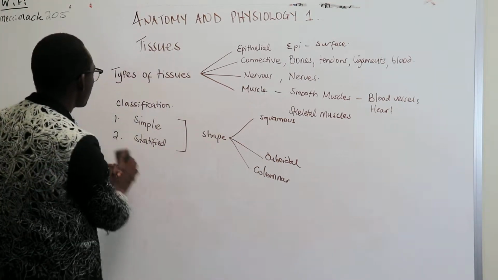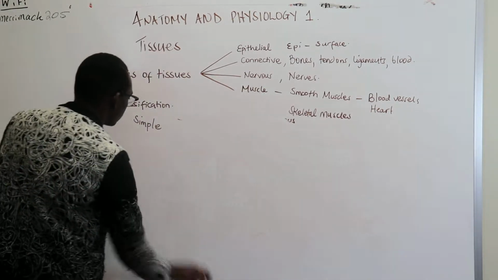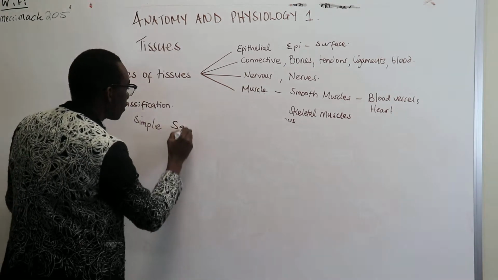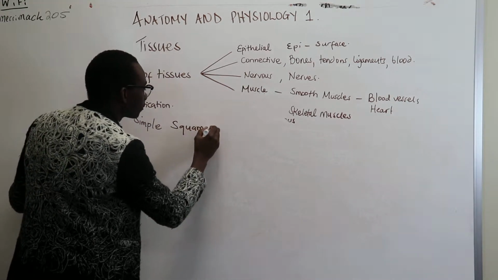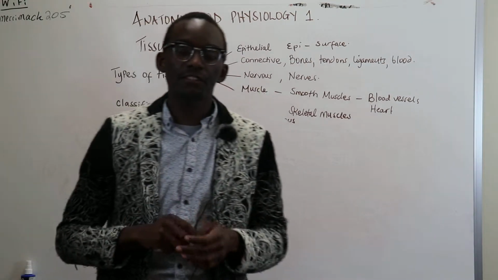Now let us jump into simple squamous as our first type of cell. Simple squamous cells are very thin layered cells.